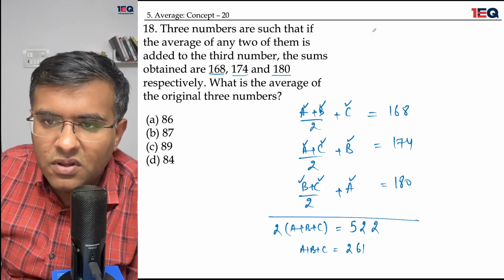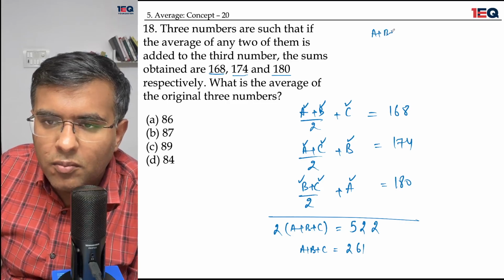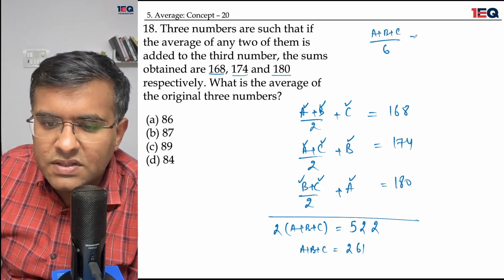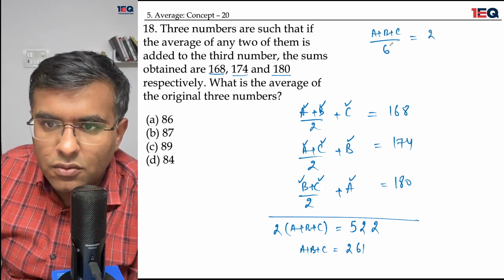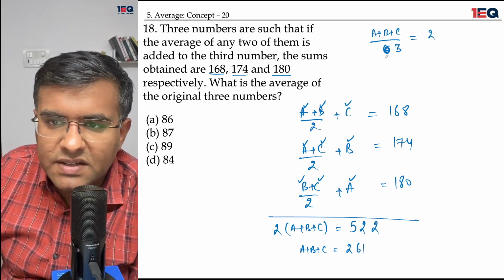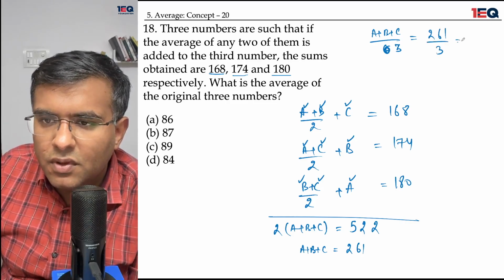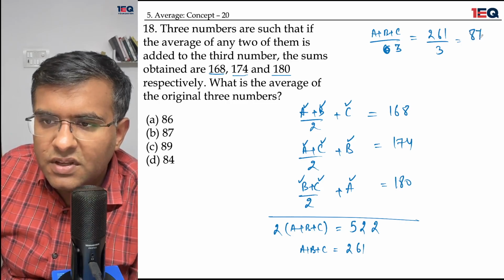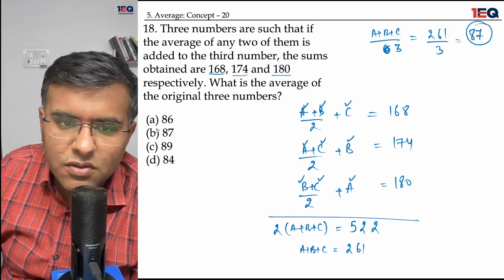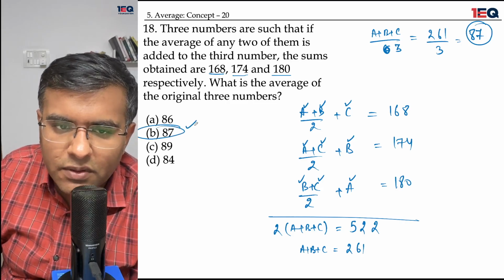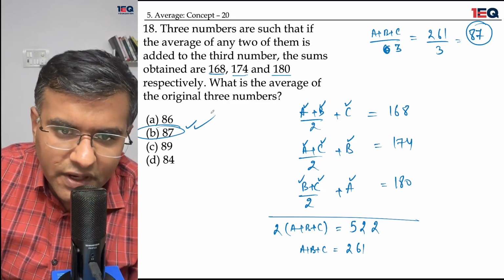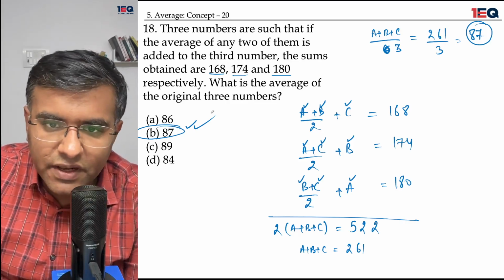Now I need to find out the value of A plus B plus C whole upon 6, which is equal to, no, whole upon 3. Okay, that is the average. Whole upon 3, which is 261 upon 3. 3 8s are 24, 3 7s are 21. So we have 87 available with us, which is the average value. Okay, which is the final average value.